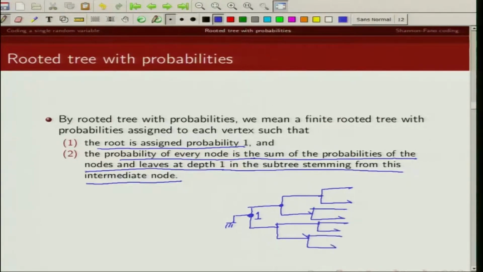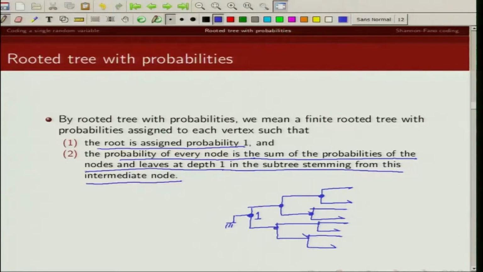So let us say we are considering this node at depth 1. Its probability will be given by the probability of this node and the probability of this node. That is what we meant when we say the probability of every node is the sum of probabilities of the nodes and leaves at depth 1 from the subtree stemming from this intermediate node.